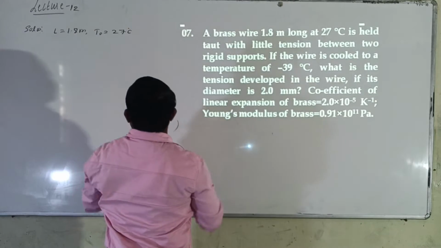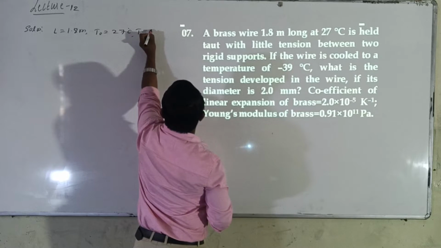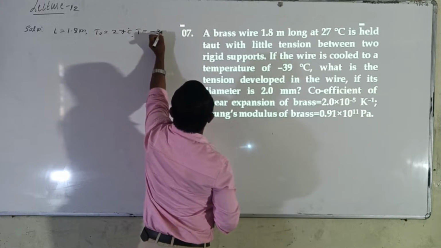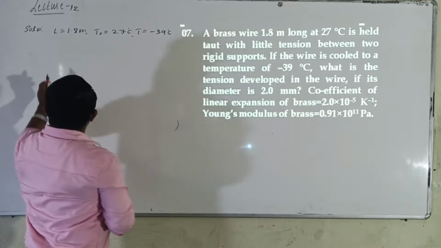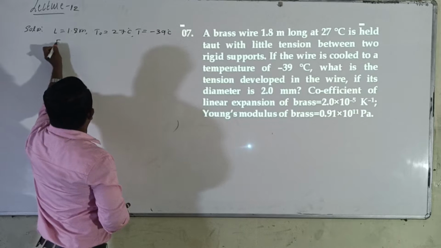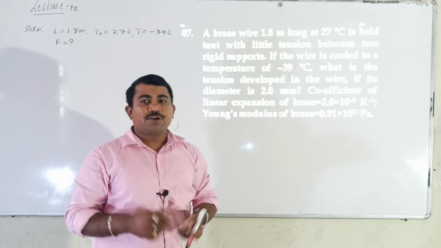If it is cooled down, the temperature changes from T0 to T, which is minus 39 degrees Celsius. What is the tension developed? Tension means thermal force developed between the two rigid supports.